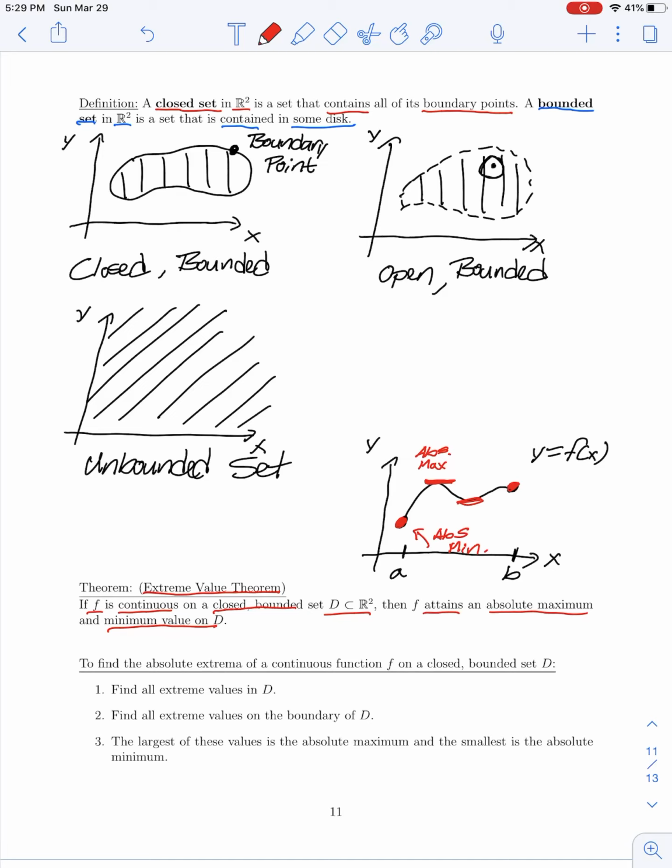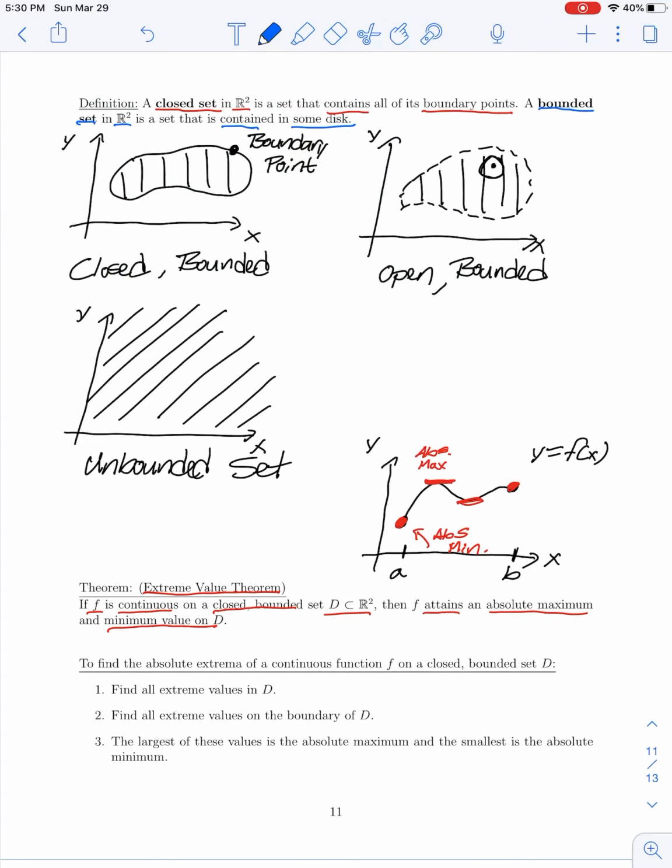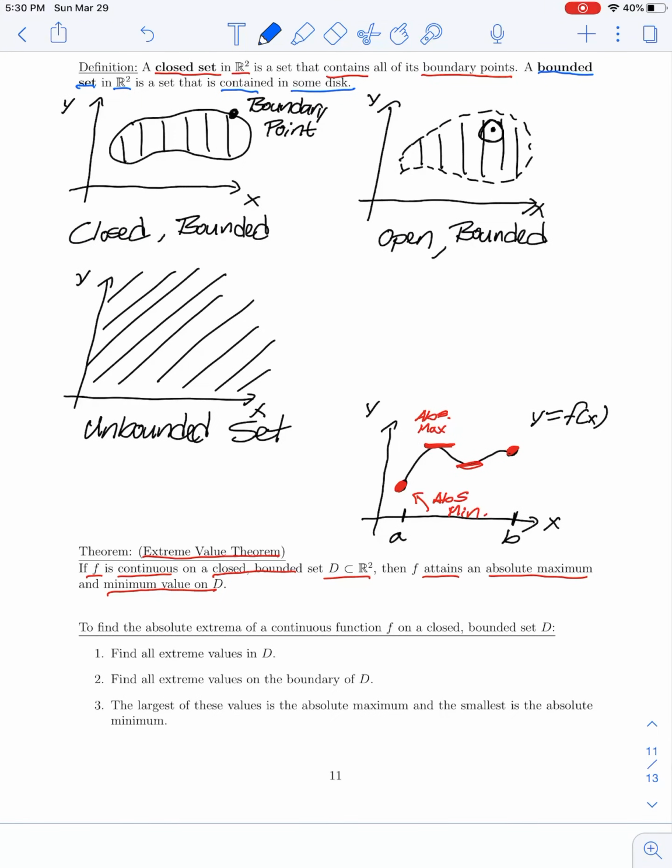So here I just want to make you recall that when we're looking for the absolute extrema of a function, we want to consider not only the critical values, but also the values of our function at the endpoints of our interval, say a and b. So how do we find the absolute extrema of a function of 2 variables?